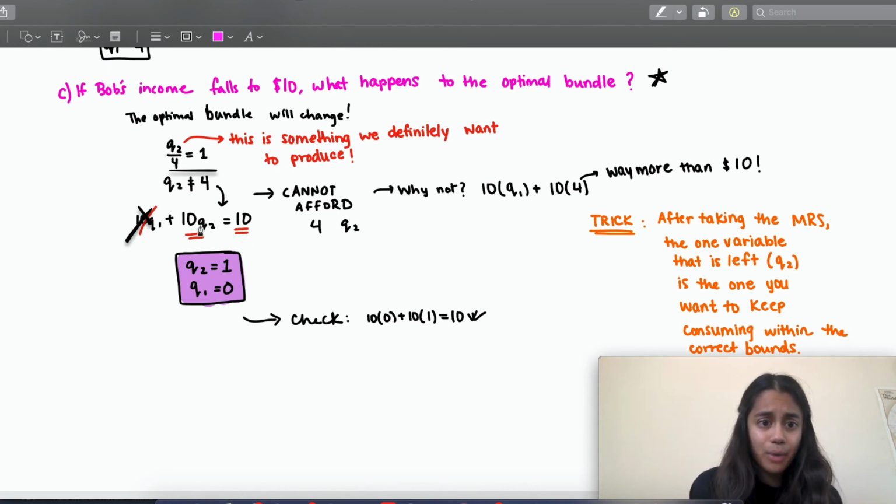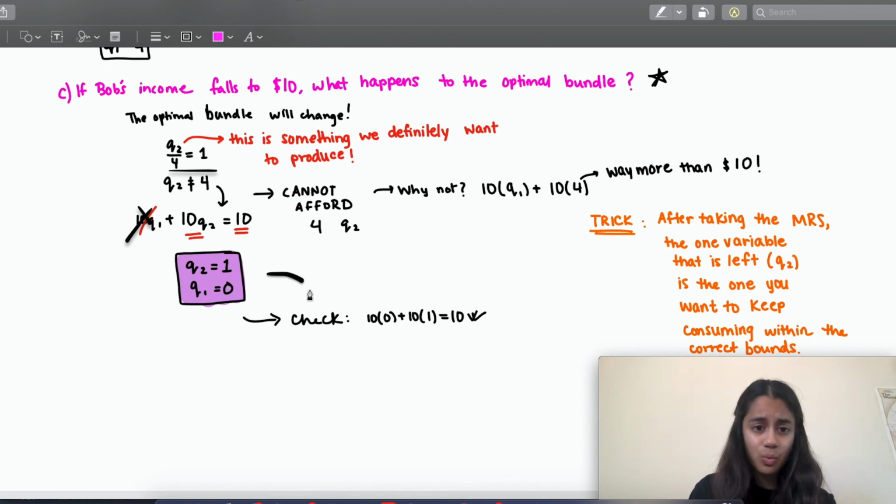And my price for Q2 is also 10, right? So I can only purchase 1 of Q2. If I want to purchase more of Q1, I'm going to go beyond my income. I don't even have that much money, right? So I can only purchase 1 of Q2 and none of Q1, right?